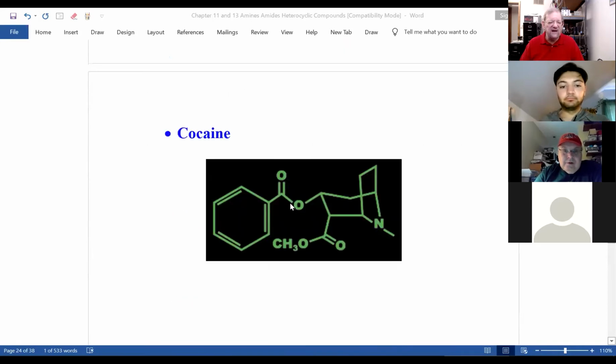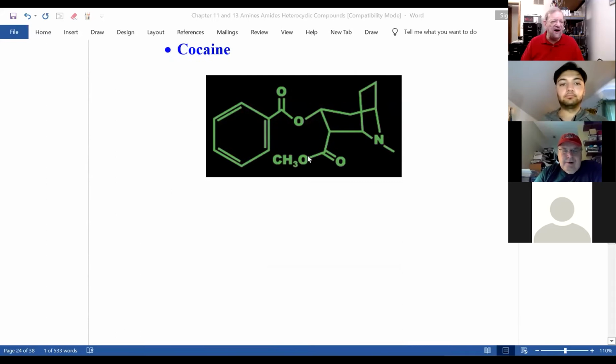Now, another alkaloid, something that's a nitrogen compound that comes from a plant, is this one, and it's cocaine. I think you've all seen it in the movies. Dr. White doesn't do drugs like that. I take aspirin when I need it, but actually I don't even take aspirin anymore. I use ibuprofen.